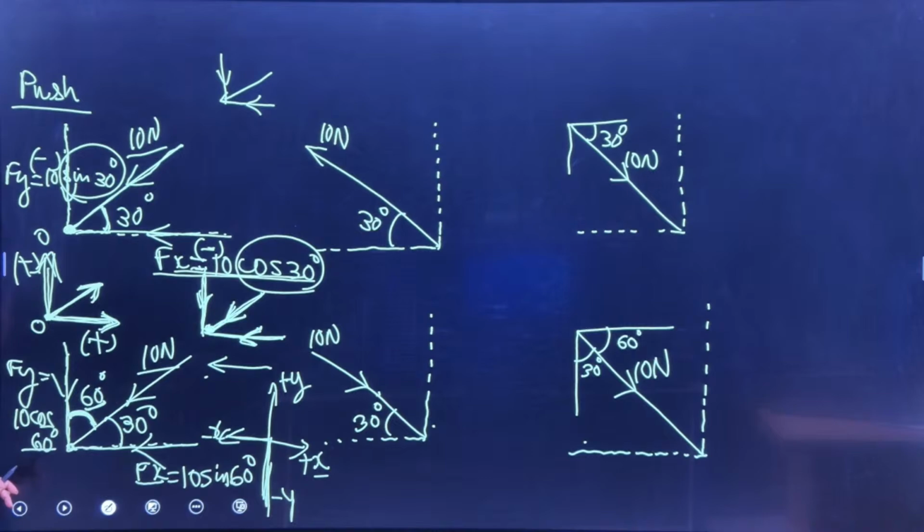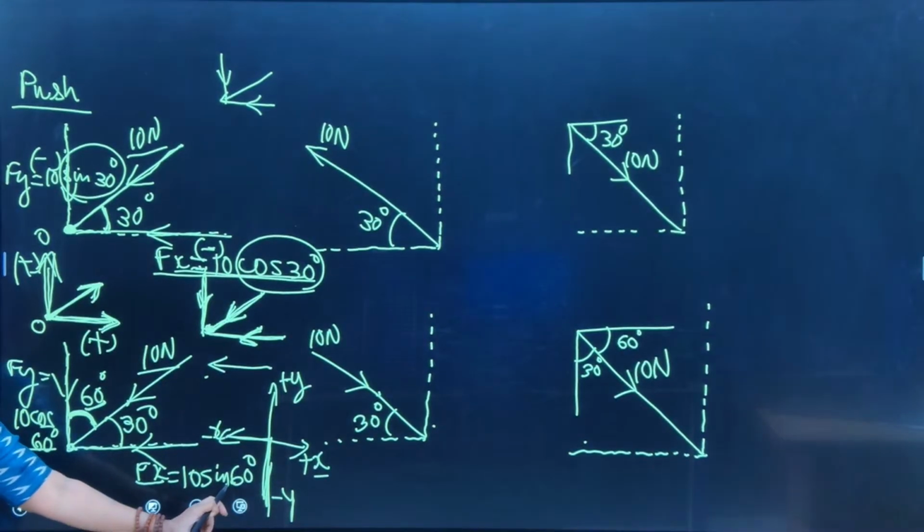I think you are clear. Since I have taken 60 as my angle of inclination and it is with the vertical, this component Fy would be 10 cos 60 and Fx would be 10 sine 60.